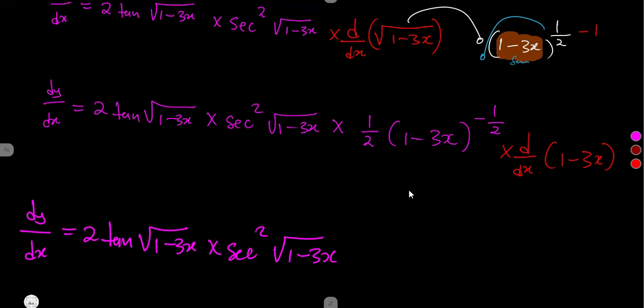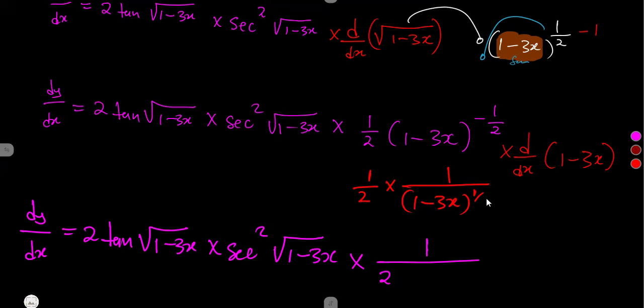Yes, guys, they say do not simplify, but these ones, to the exponent of minus half, you can also simplify. Remember, it simply means 1 over 2, which is already in the denominator. This one is just like 1 over 2 times 1 over 1 minus 3x to the exponent of a half.